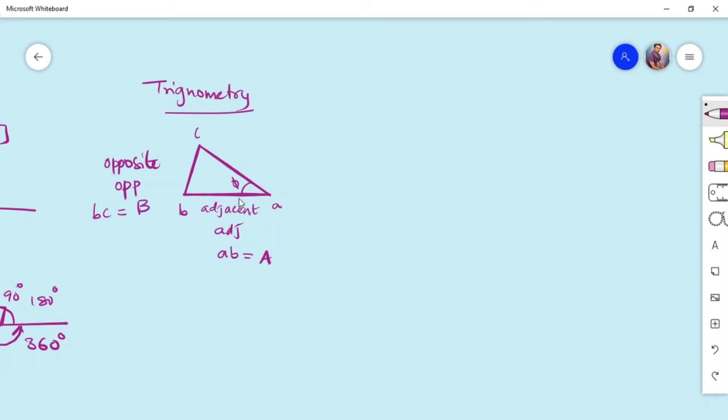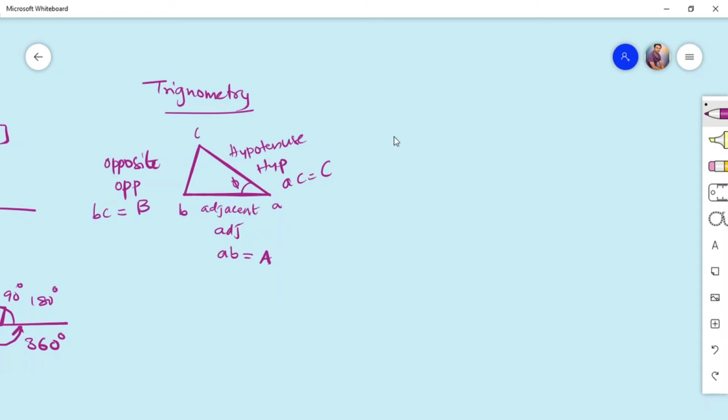And the side which is opposite to the right angle is the hypotenuse, HYP, which I am representing as AC, or capital C.